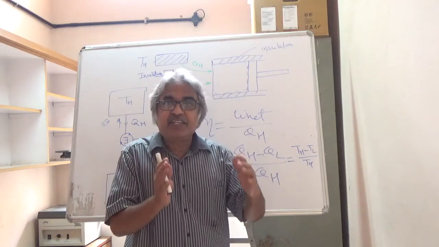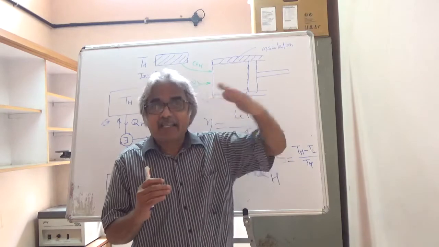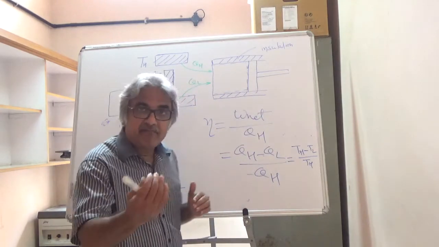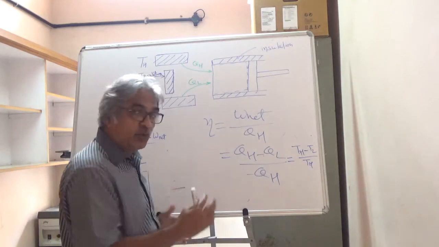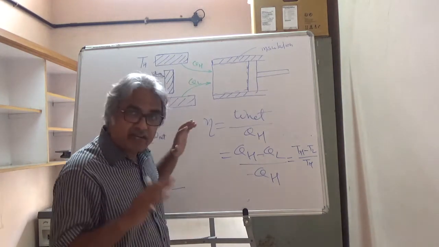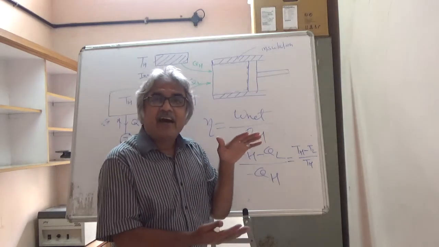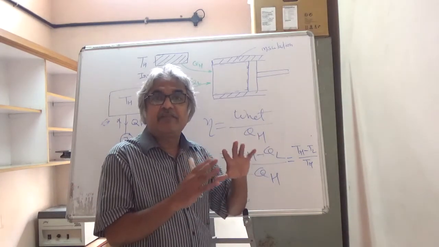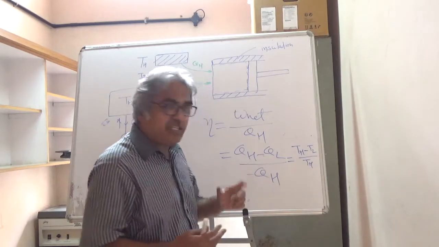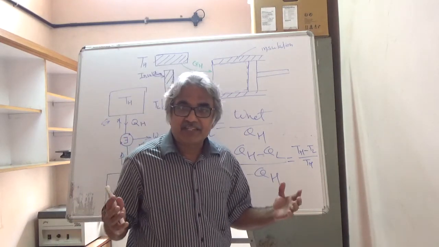So efficiency of a Carnot engine is never 100%, but it is maximum for a given temperature range of TH and TL, and we will prove that in what is known as the Carnot theorem, which will be in the next video. Carnot engine also has to reject heat, so it cannot have 100% efficiency. Thank you.